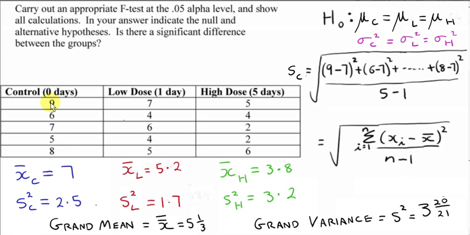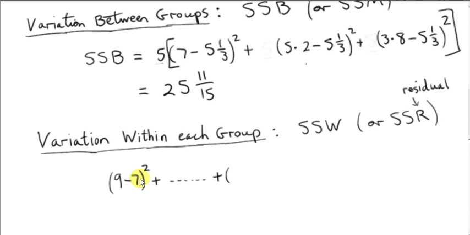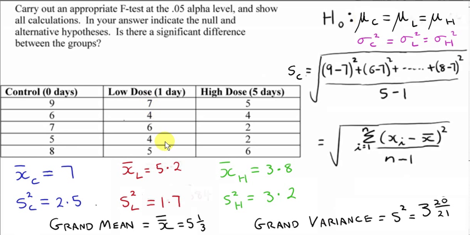In this group, the first value is 9, the last value is 8. So we have 9 minus 7 squared as far as 8 minus 7 squared. That's for the control group. Okay, I'll just bracket it out separately. And next we look at the low dose group. So we'd have to get 7 minus 5.2 squared as far as 5 minus 5.2 squared. Finally, for the high dose, we're starting with a value of 5, subtracting the mean, which is 3.8.